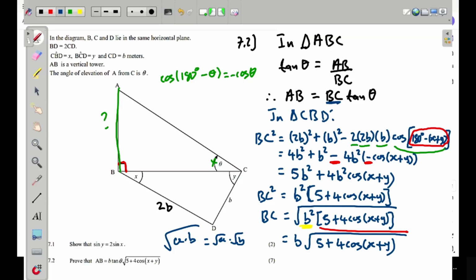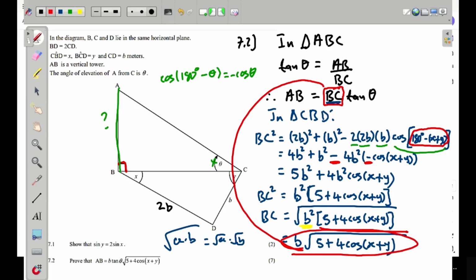Now, my job is to substitute. Remember what we said. We said AB is BC times tan theta. So now that we have found a suitable representation of BC, we have to take this now and substitute it there. So watch.